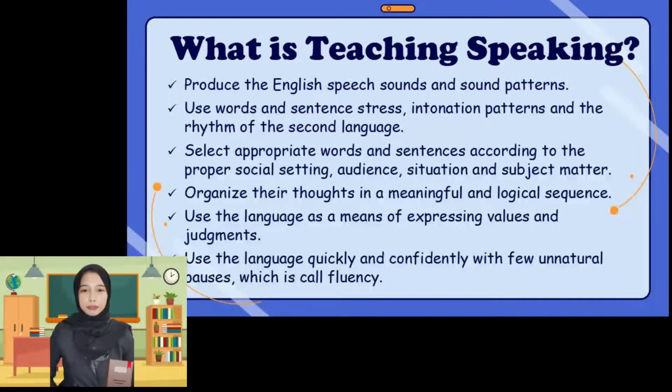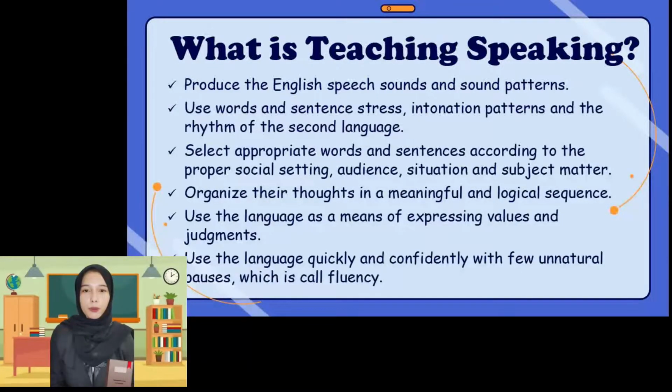For example, when speaking to elementary students in a school, that is the audience. Given the situation, social setting, and subject matter, you need to choose a proper way of delivering words and sentences. Understand?